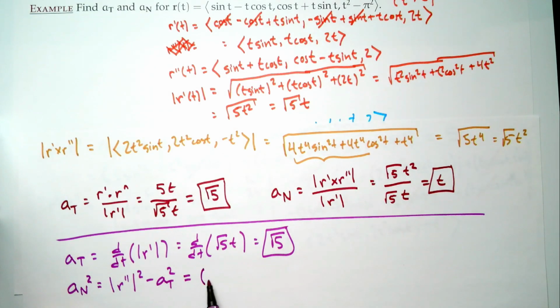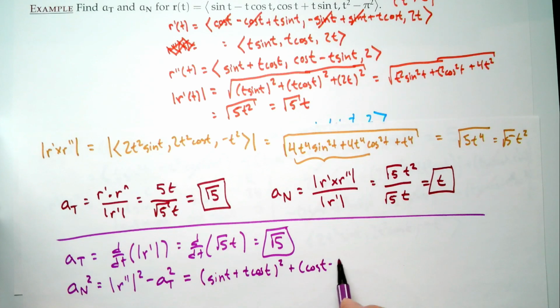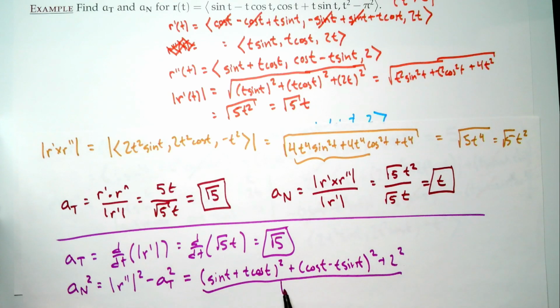So that's really just add up the individual terms squared. Sine t plus t cosine t squared plus cosine t minus t sine t squared plus 2 squared. So this part right here, that's the magnitude of r double prime squared. And it's not a fraction, by the way. This is a pointer. Just square up and add the entries.